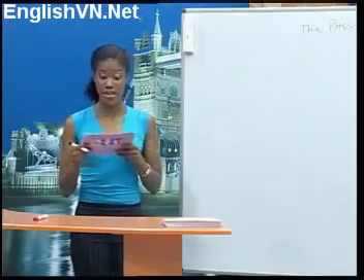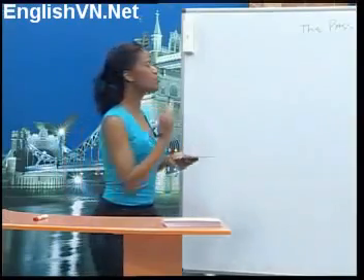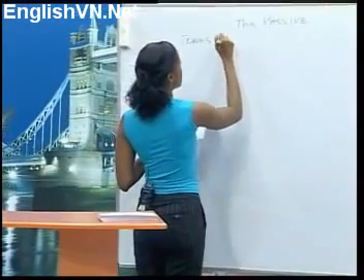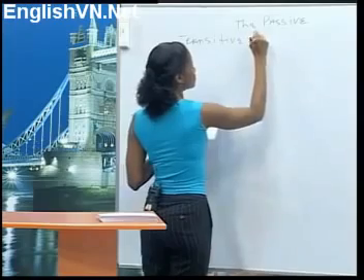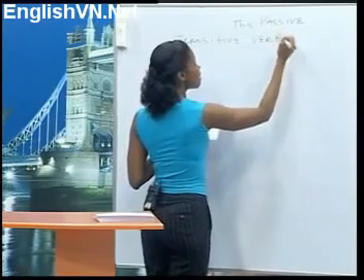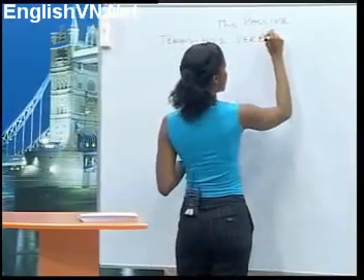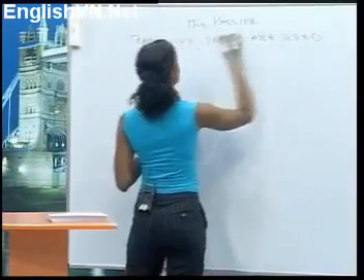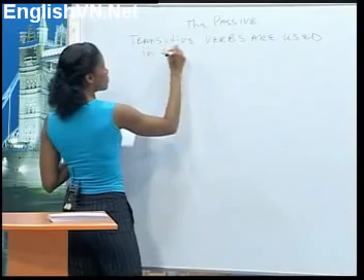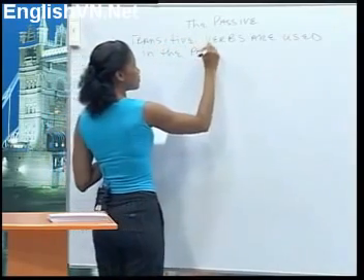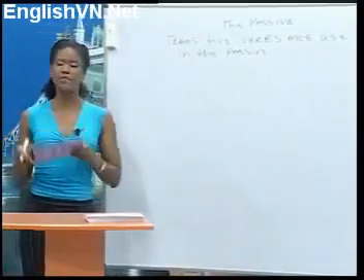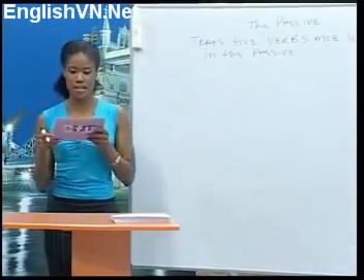Now, a transitive verb is a verb that is followed by an object, and only transitive verbs can be used in the passive. So, if a sentence does not have a transitive verb or an object, it cannot be used in a passive sentence. Now, an intransitive verb is a verb that is not followed by an object.